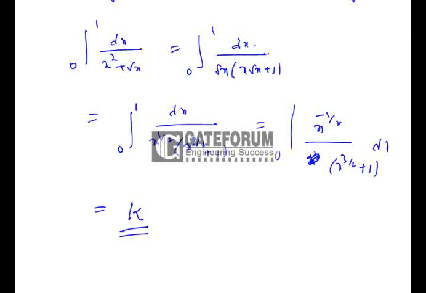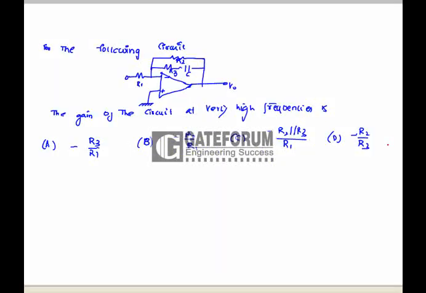In the circuit, we have to find out the gain at very high frequencies. At very high frequencies, the reactance of the capacitor is nothing but 1 by omega C. Assume omega is infinite, sufficiently large. So Xc is going to be 0. That means the capacitor acts as a short circuit at very high frequencies because reactance is almost negligibly small at high frequencies.